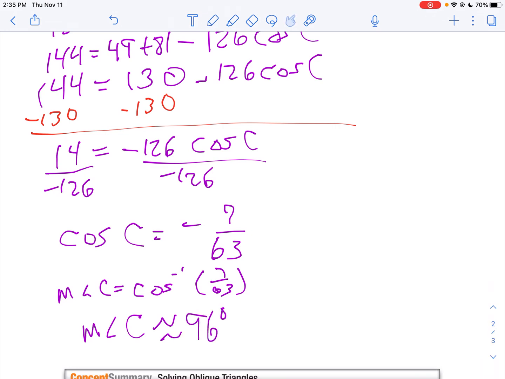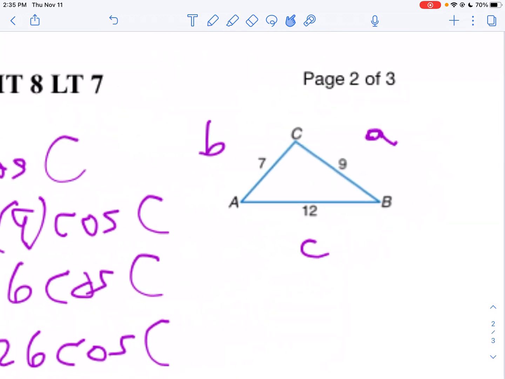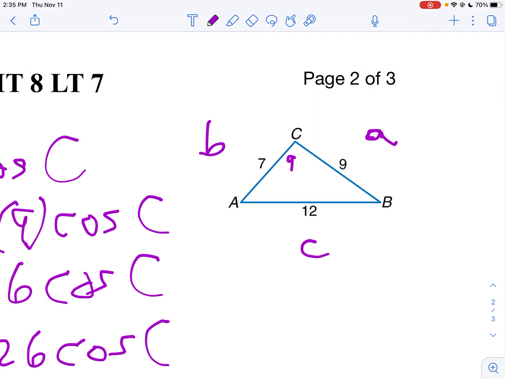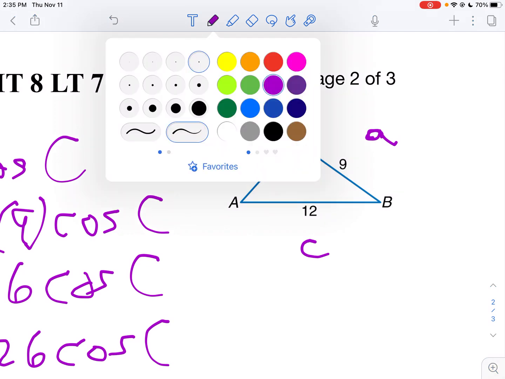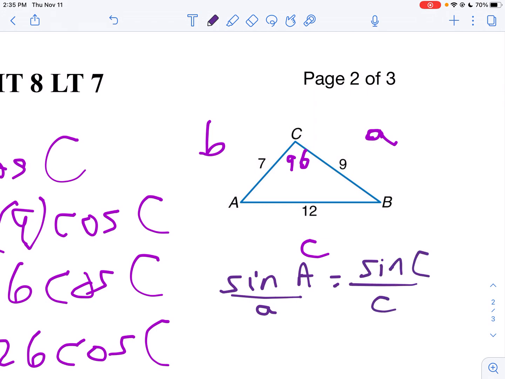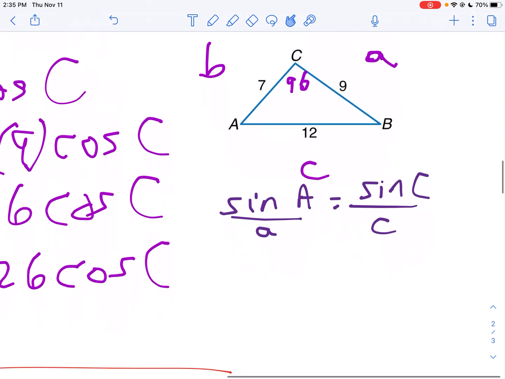I'll put that in my picture too. I like to have everything in the picture there. So now I know angle C is 96 degrees. So now I can use that to find either angle A or angle B. I like angle A. So let's say I want to solve for A. I'm going to use the law of sines now because now I know the side opposite C and side C. So I'm going to say the sine of angle A over A equals the sine of angle C over C. Substitute in my values I know.